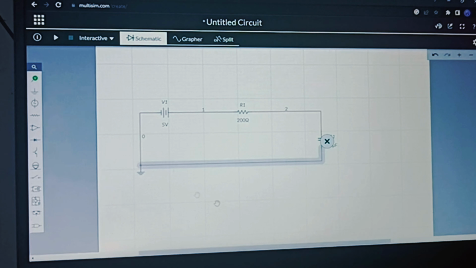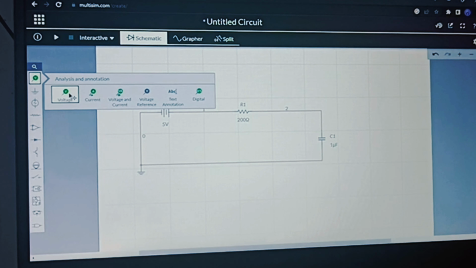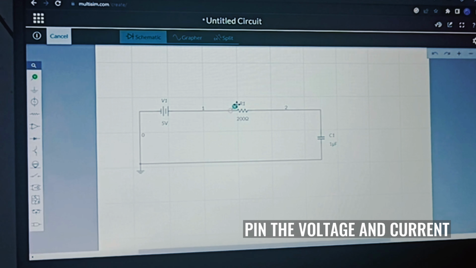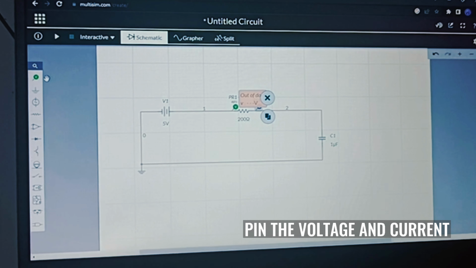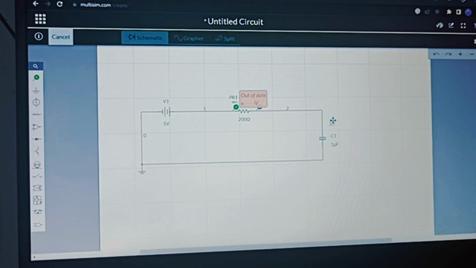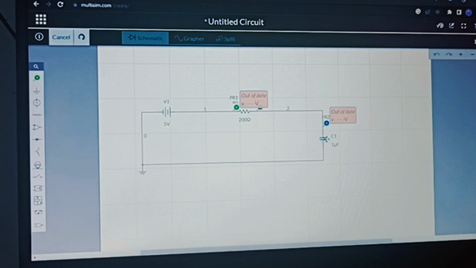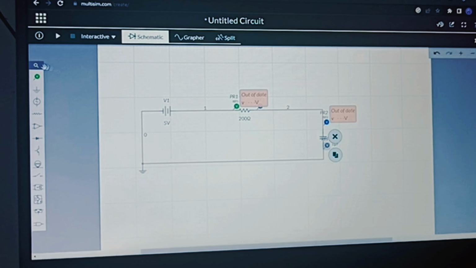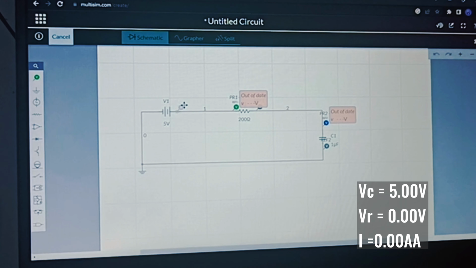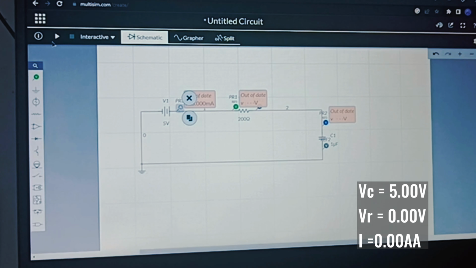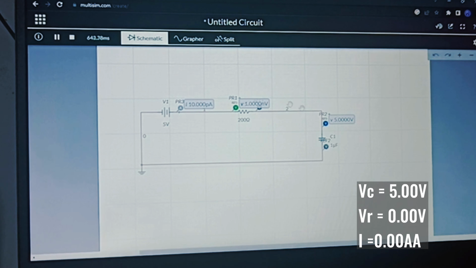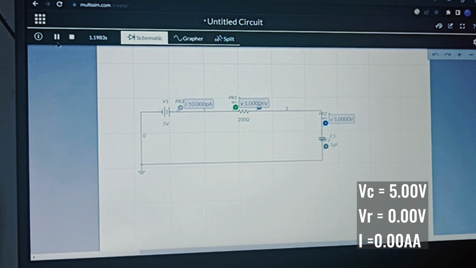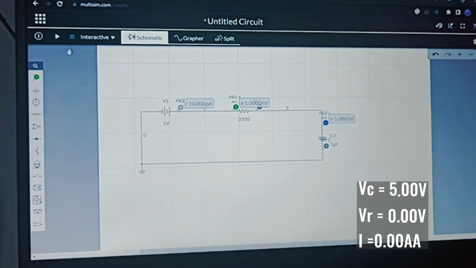We connect all of them in series, and then we pin voltage and current annotation in the circuit to get the value of voltage and current. So we get 0 ampere current flowing through the circuit, 0 volt at the resistor, and 5 volt at the capacitor.